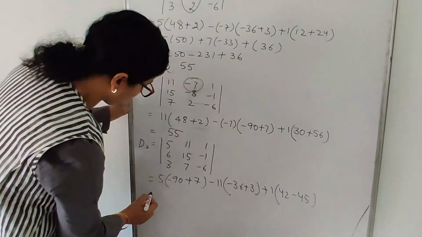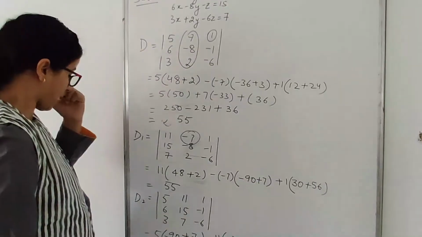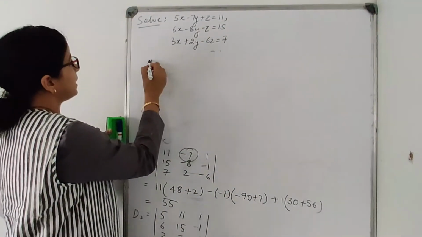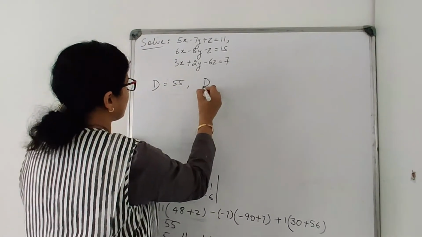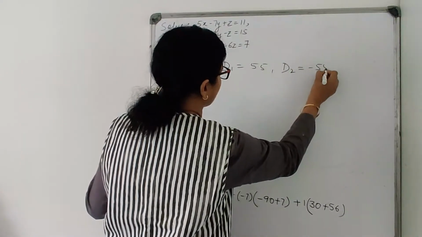So basically what I am getting here? Minus 55. Now D3. So what are my values? D is 55. D1 is 55. D2 is minus 55.